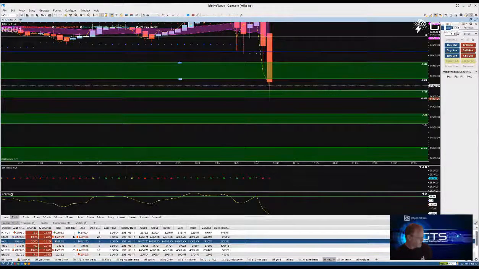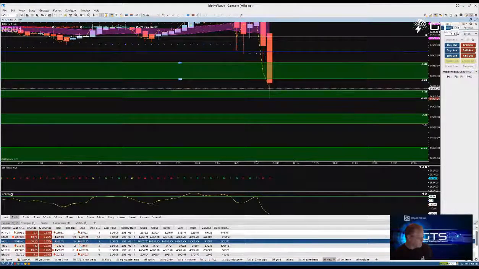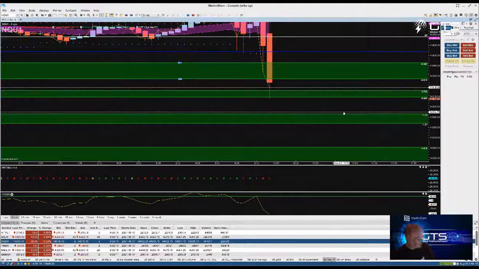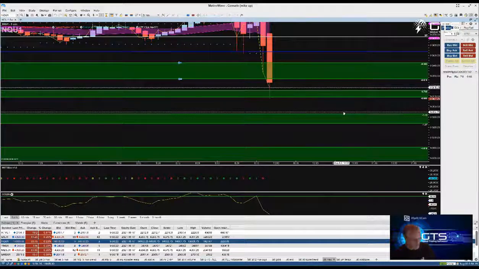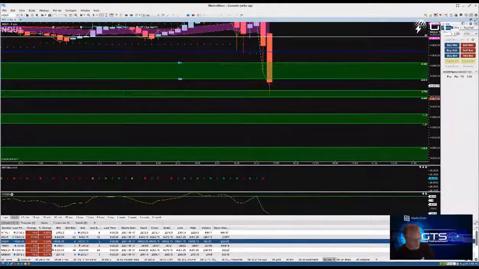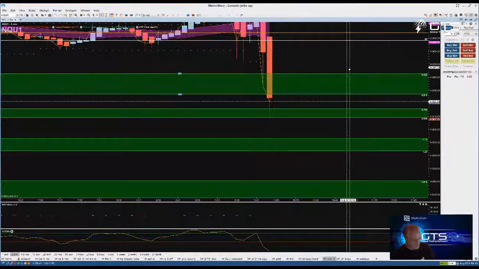Nope, straight down. Yep, she still got a nice bearish look to her. The NQ does. Still looks really good and bearish. So we're looking at this and see if we can catch a little bit off of this. If it gets a new candle going now, we ought to be all right.